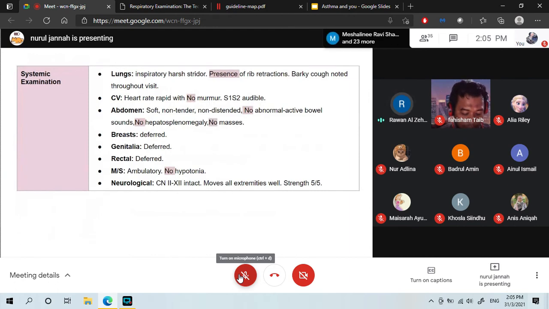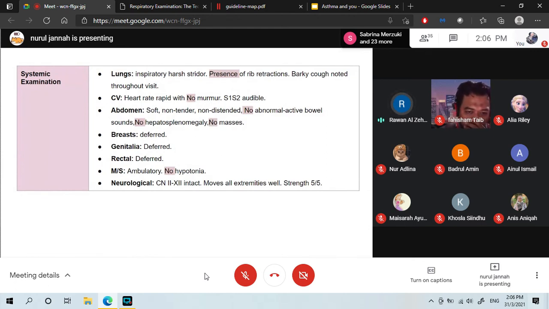For the lungs, respiratory: stridor present with rib retraction, barking cough noted. For cardiovascular, heart rate rapid with no murmur and S1 S2 audible. Abdomen soft, not tender, not distended, no abdominal bowel sounds abnormality, no hepatosplenomegaly, no masses.